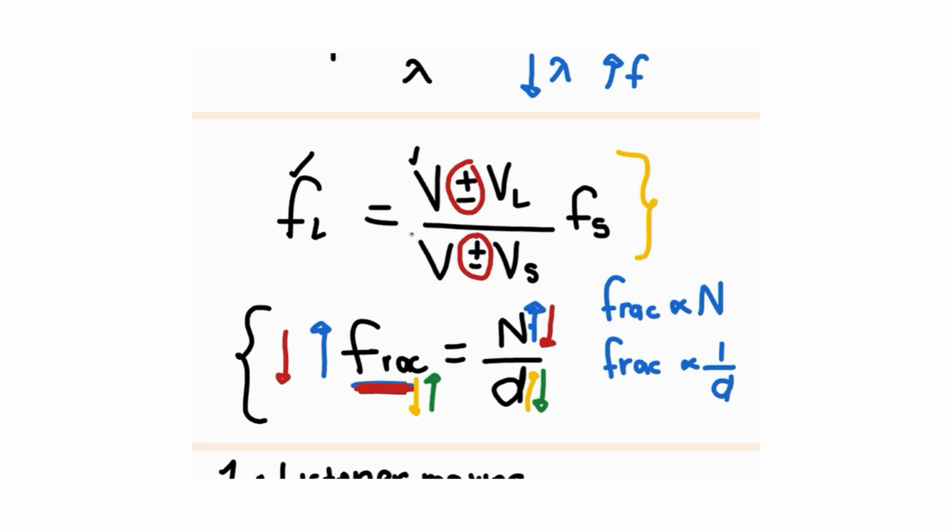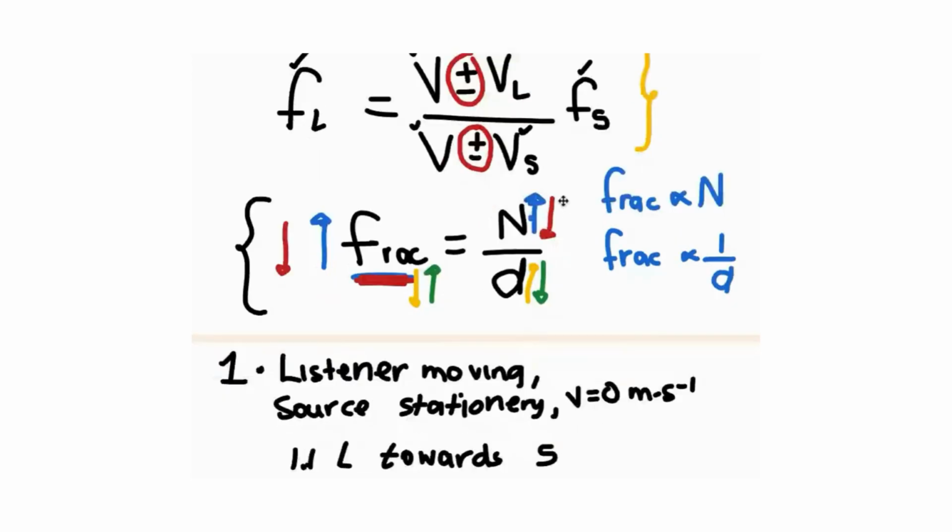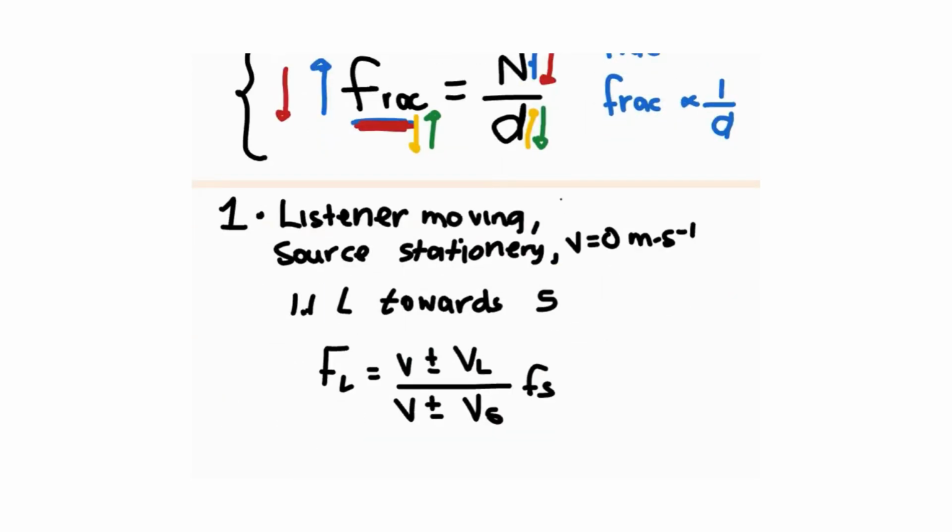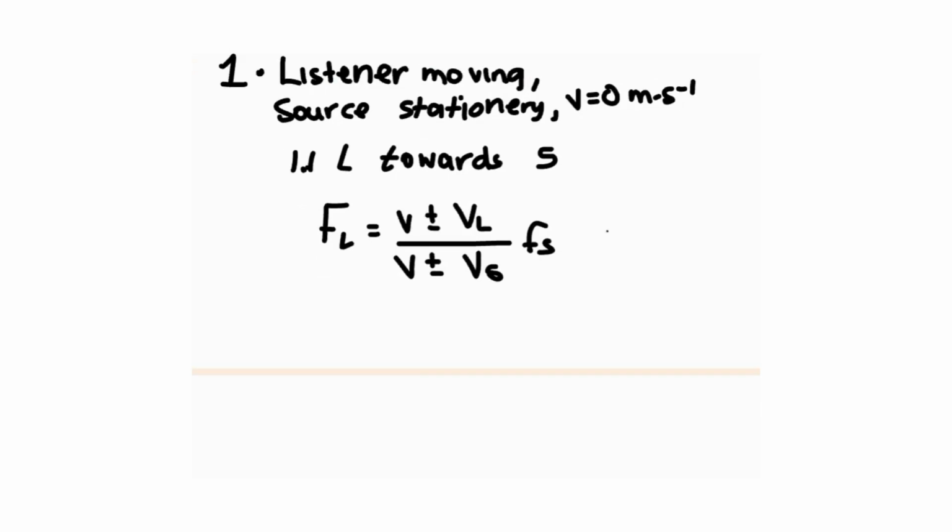The two V's there represent the speed of sound. It's usually a constant. They do give you that. VL is the speed of the listener and Vs is the speed of the sound source, and Fs represents the frequency of the source. Okay, so that is what the equation tells us.